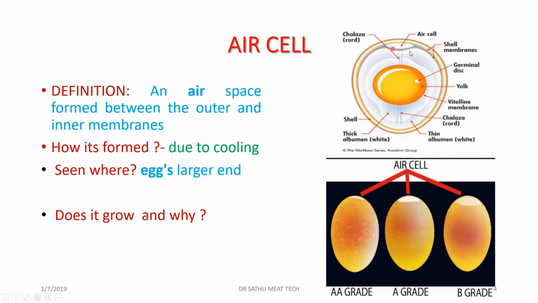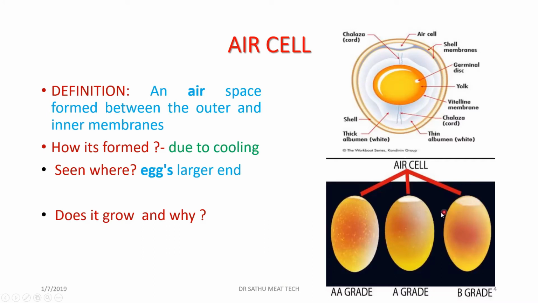So the inner shell membrane gets separated from the outer shell membrane and we get what we call an air cell. How is it formed? It is due to the difference in cooling. Where is it seen? It is normally seen on the broader end of the egg. Does it grow? Yes, it will grow if you are not preventing the loss of moisture. So we have to prevent the loss of moisture.